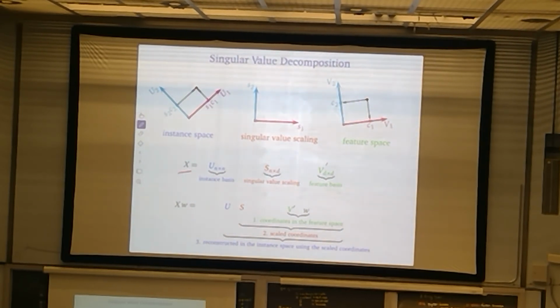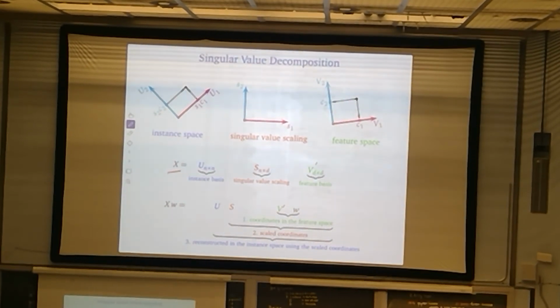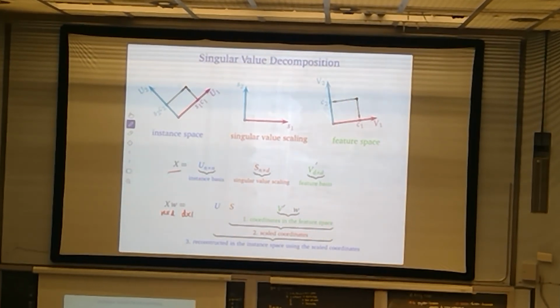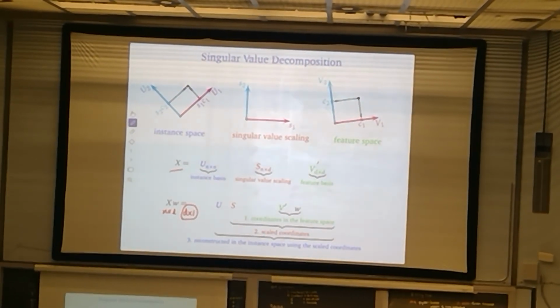What does that mean? The intuition is the following. Any matrix can be understood as a transformation, an action to be taken on any point in that space W. If this is n by d, you can understand it by itself, but it's much more interesting to understand it through the action it takes on a point in the feature space.